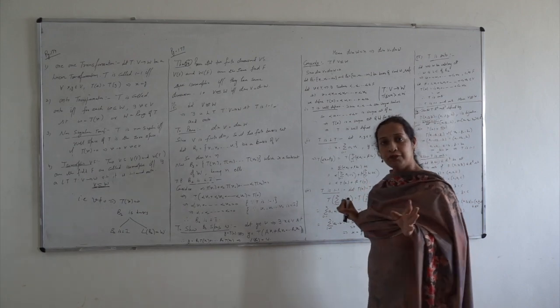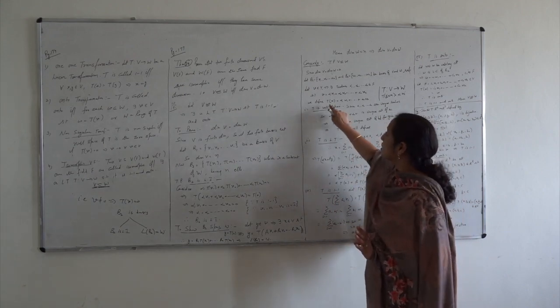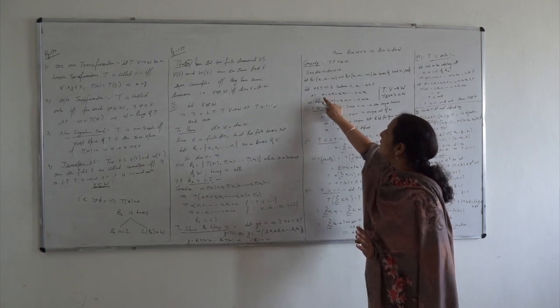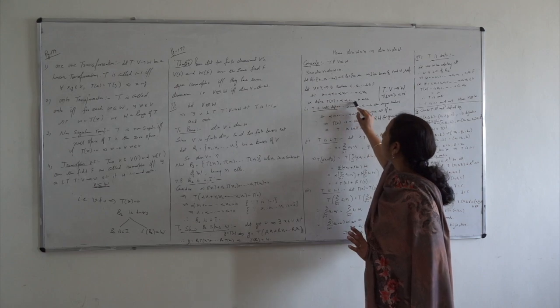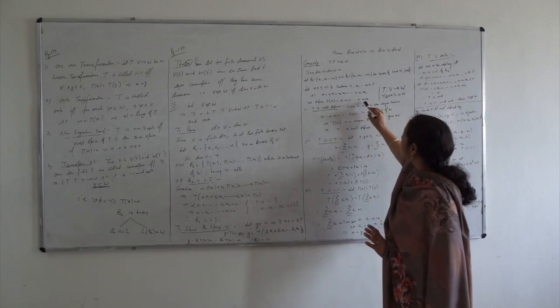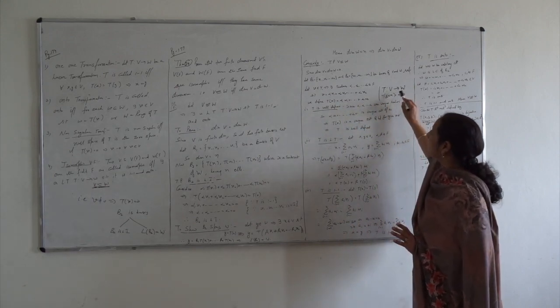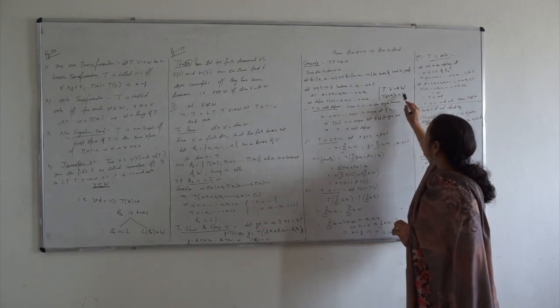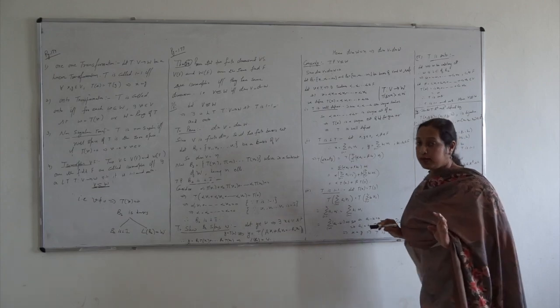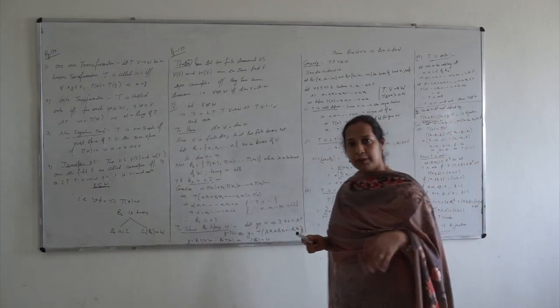Say T of v is equal to alpha 1 w1 + ... + alpha n wn. This is a transformation from V to W. That means we define T of summation of alpha i vi is equal to summation of alpha i wi. This mapping is defined by us.